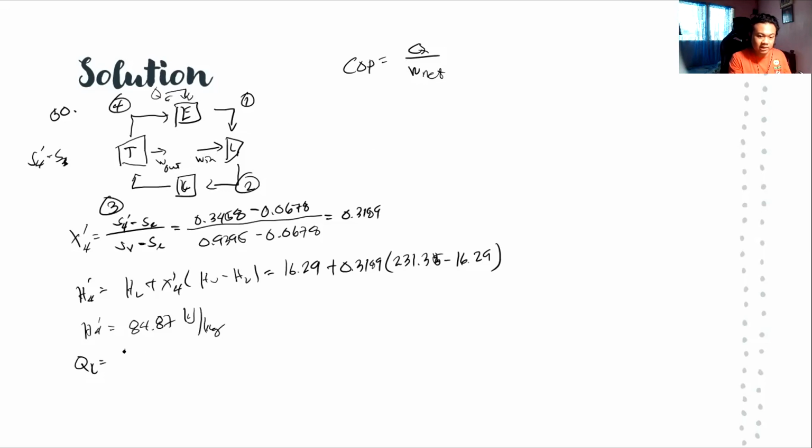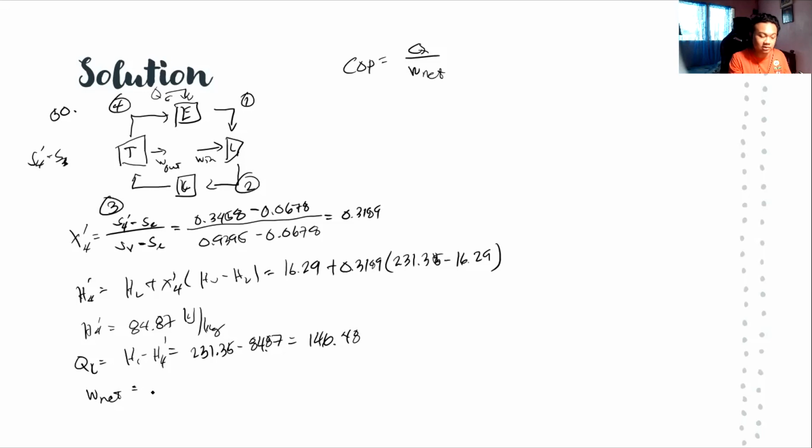So H1 minus H4, di ba? Let's substitute 231.35 minus 84.87. We can get 146.48.